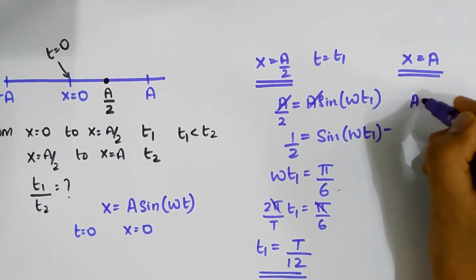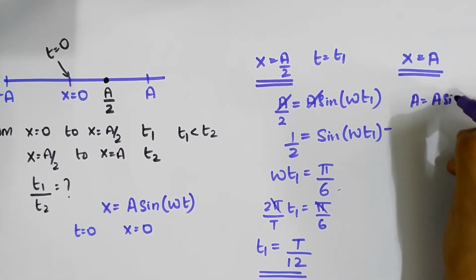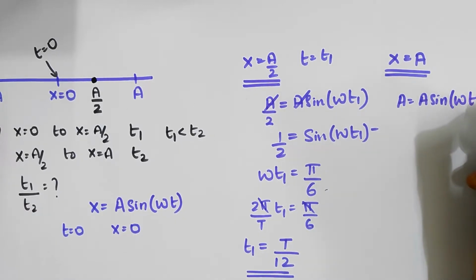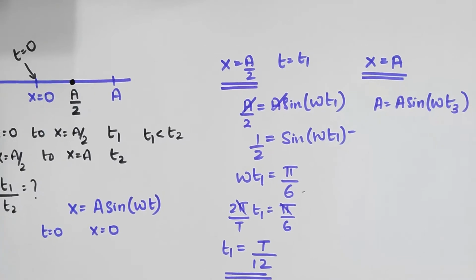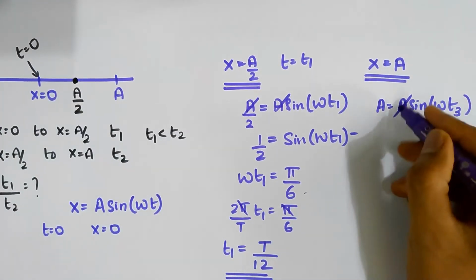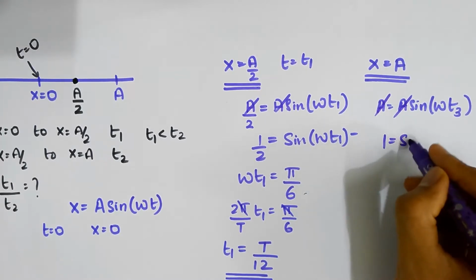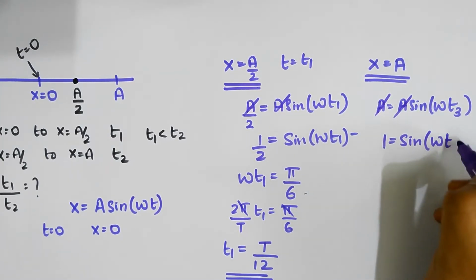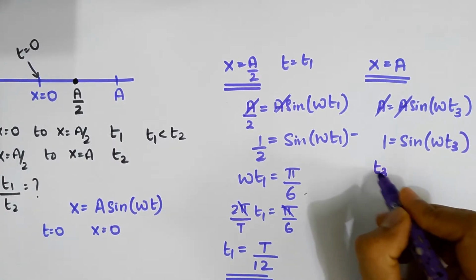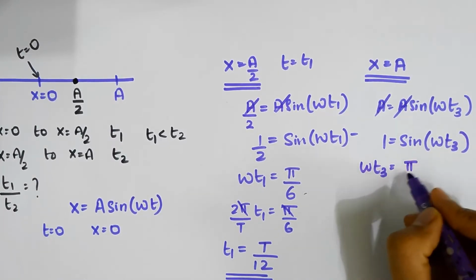So if I put x equal to a, let me call that time t3. That is the time it takes to go from here to here. So 1 equals sine omega t3, and omega t3 should be equal to pi by 2.